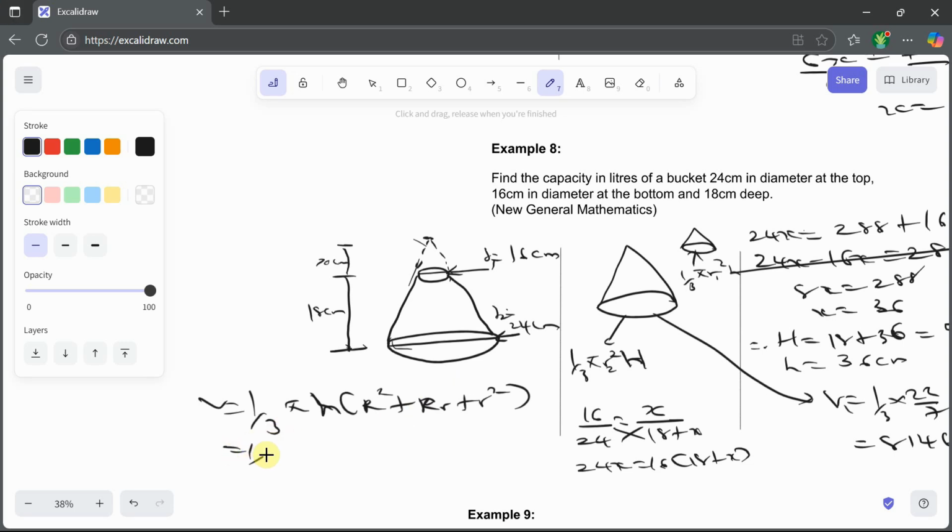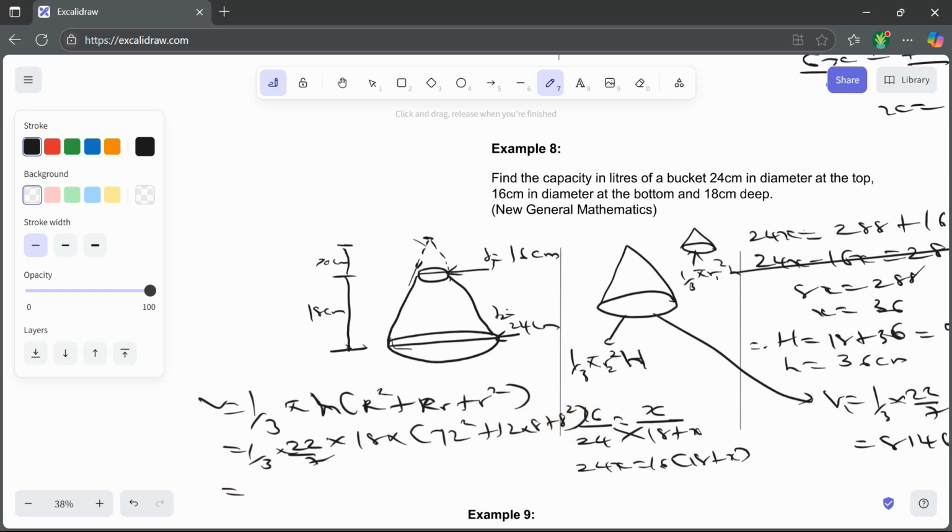So that will be 1 over 3 times 22 over 7 times the h, which is the height of the cone, which is 18, times 12 squared plus 12 times 8 plus 8 squared, right?